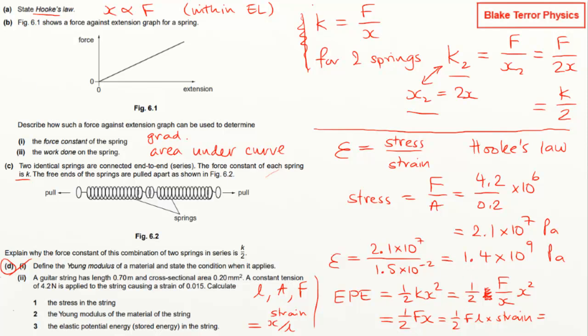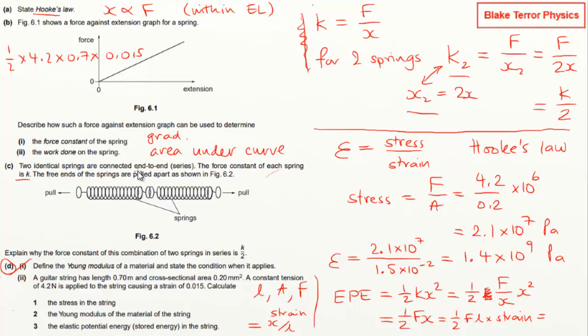Right, I'm going to have to write the numbers somewhere else on the screen and then just stick the answer down the bottom. So we got a half times 4.2 times the length is 0.7 multiplied by the strain, which is 0.015. So we need to stick all of that in and see what we get.